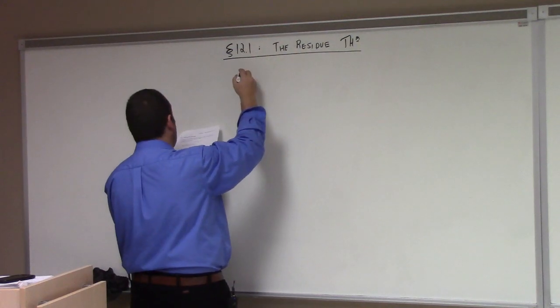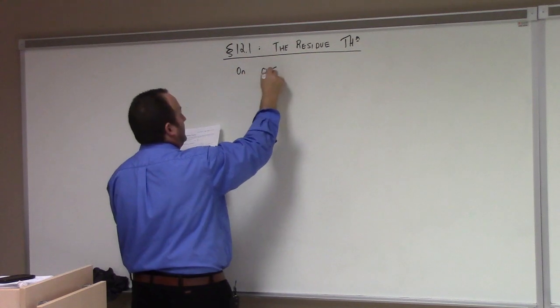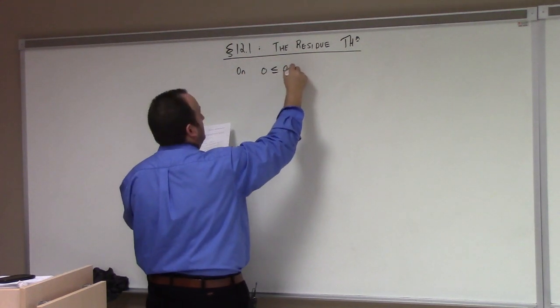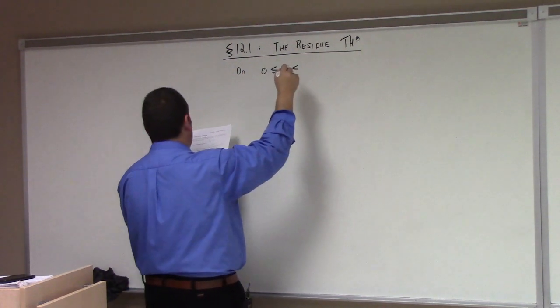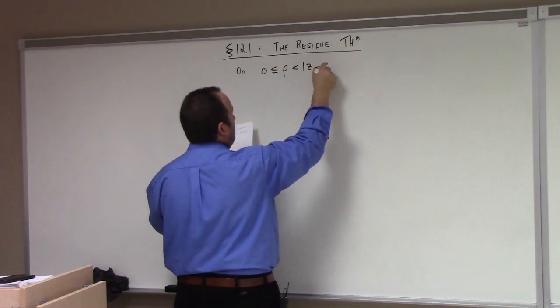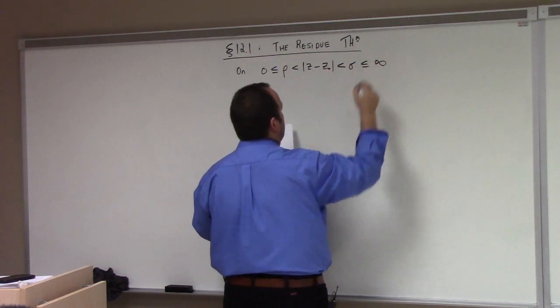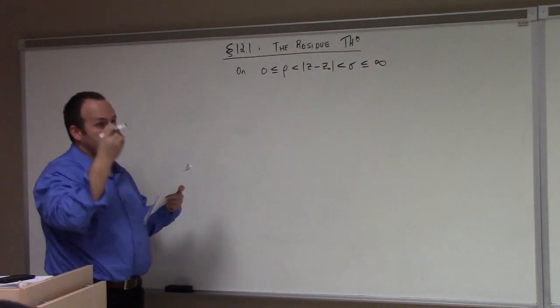So suppose you have a Laurent expansion on 0 less than or equal to rho less than modulus of z minus z naught less than sigma, which is less than or equal to infinity. So we've got some sort of annulus, right?